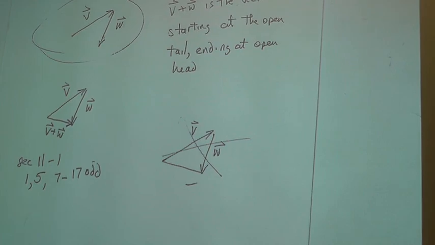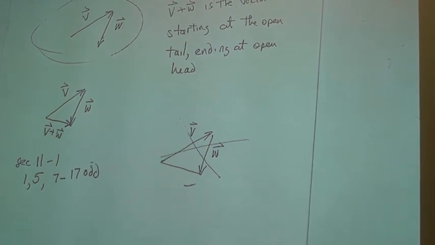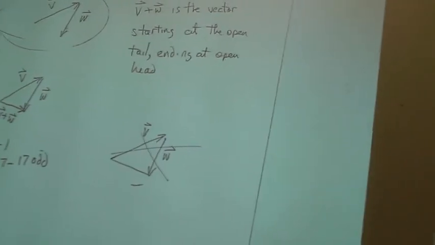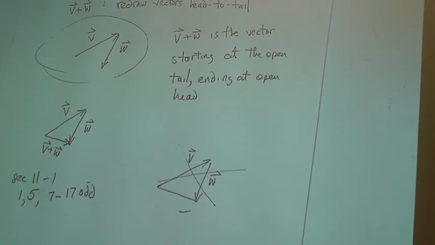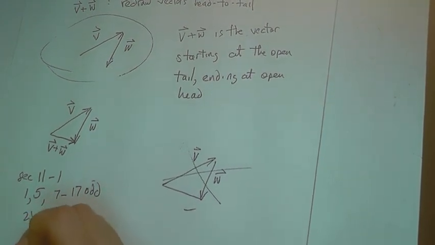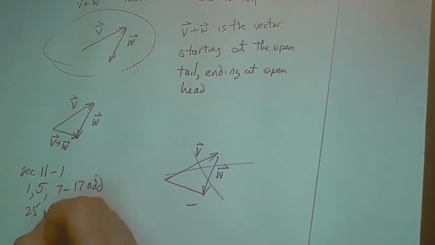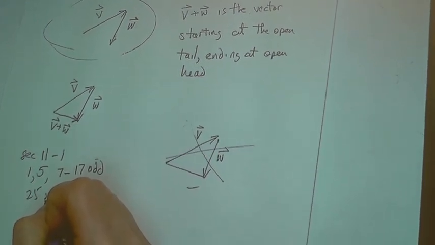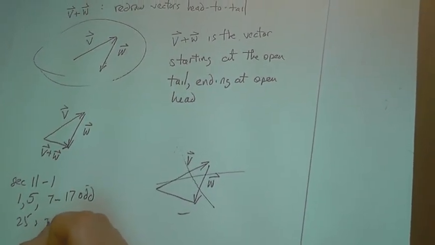Okay, so there's a few others. 25. Trying to avoid here the lines. 35.